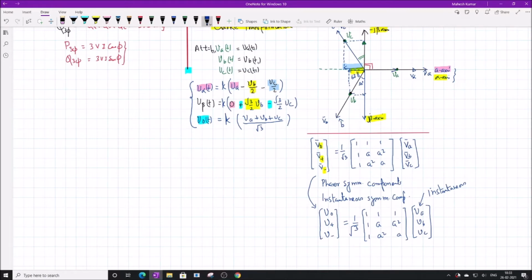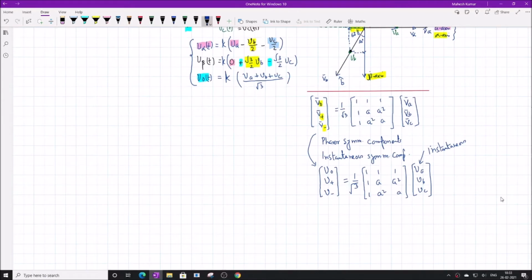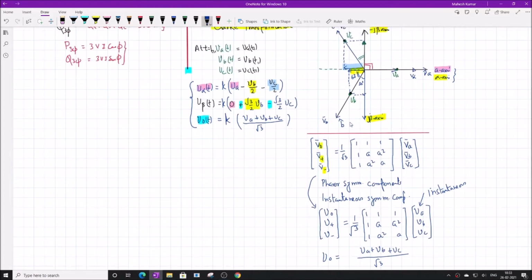Okay, so from this concept, we define a zero sequence component as B0 equal to BA plus BB plus BC by root 3. So we define B alpha, B beta and B0. For the time being, I will remove this.